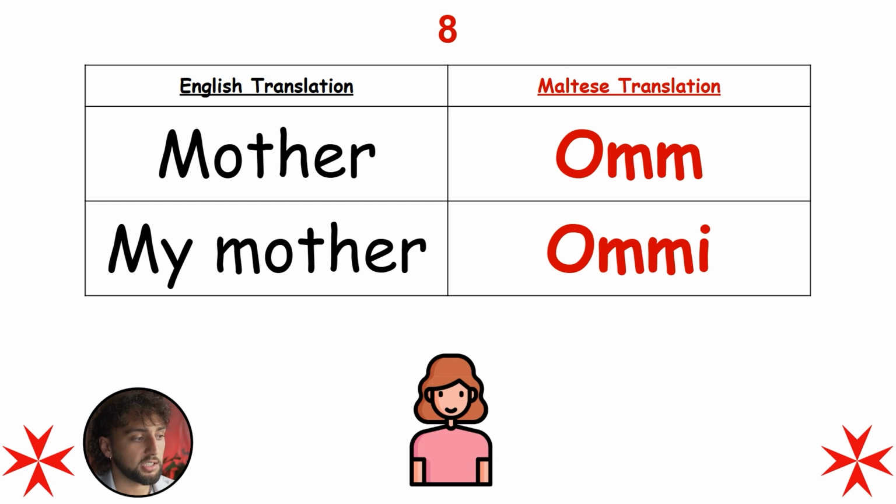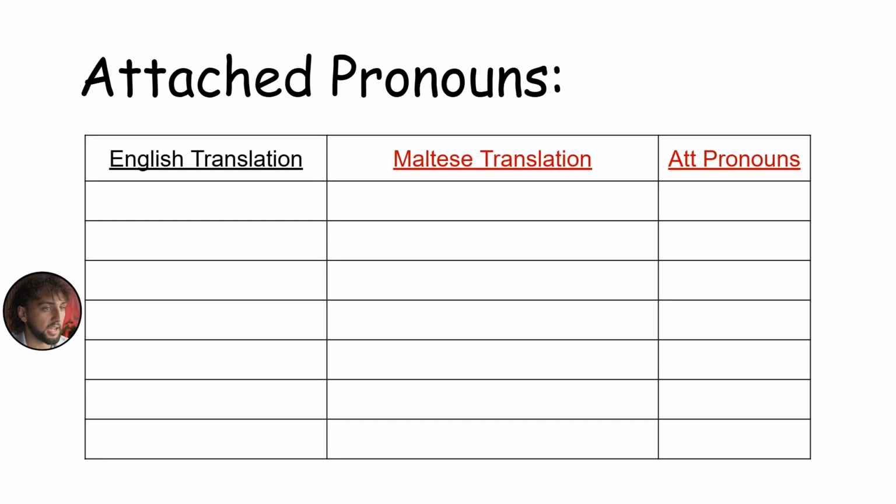Well, this is actually something we call the attached pronouns. And the attached pronouns is just a fancy way of saying we add letters to the end of the word. Basically, this allows us to know who owns the noun or object or thing we are talking about, which in this case, the noun is of course the word mother, which in Maltese is om.